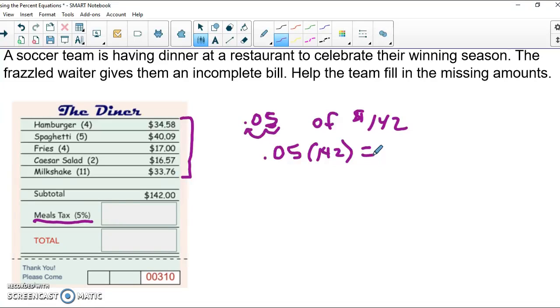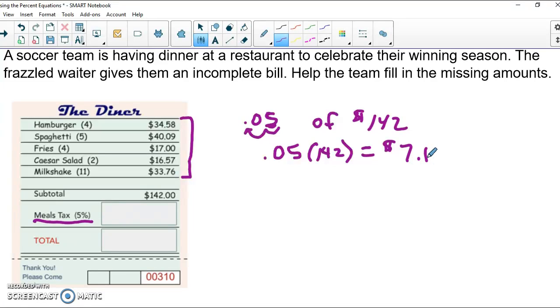So when I multiply that out, let's see what we get. 0.05 times 142 gives me this decimal, 7.1.